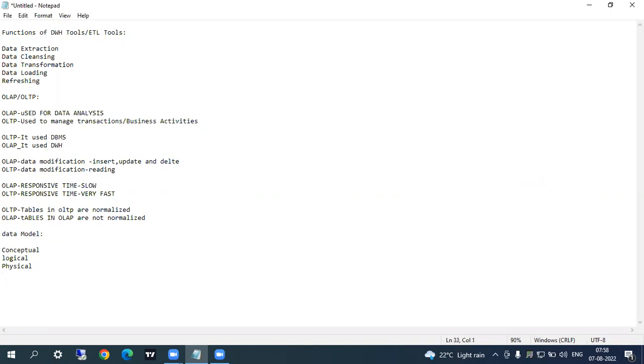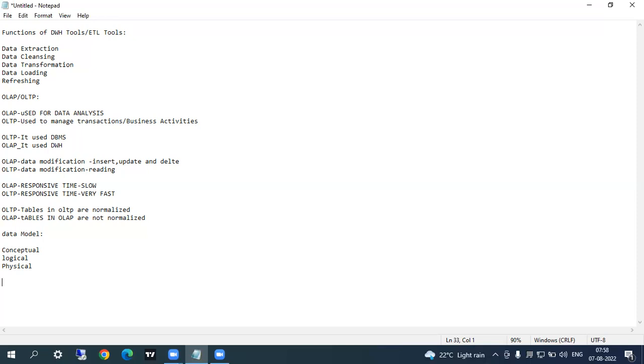Now coming to, I was relating it to the data or tables. Now I will relate it. The conceptual is what are the different data you want to maintain for the organization.